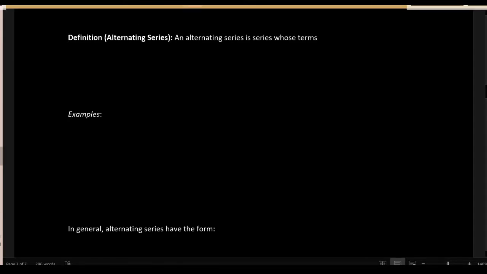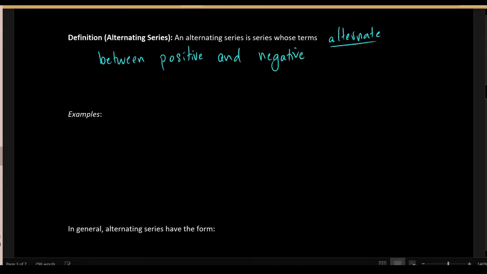An alternating series is any series whose terms alternate between positive and negative. So if one term is positive, then the next one must be negative. And if one term is negative, then the next one must be positive.